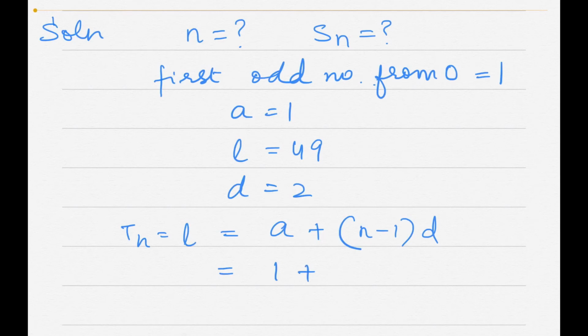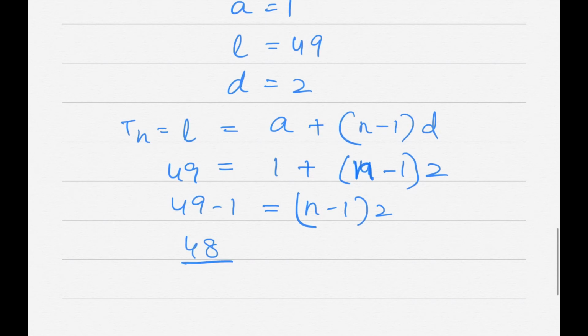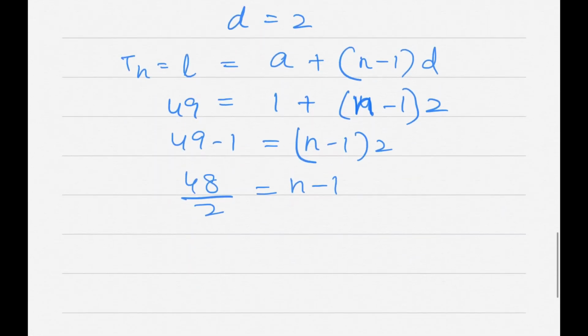So this is equal to 1 plus n minus 1 into 2, and my last term is 49, right? So 49 minus 1 will be equal to n minus 1 into 2. So 48 by 2 is equal to n minus 1. So n minus 1 is equal to 24. So n is equal to 25.